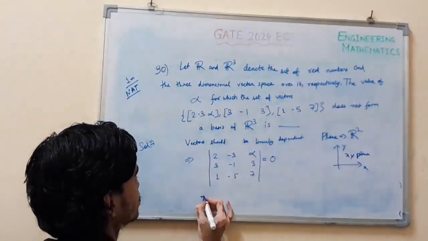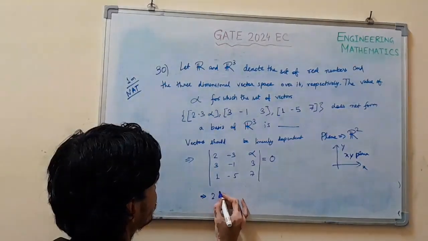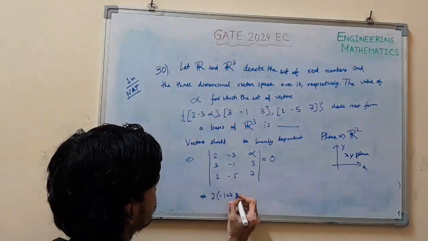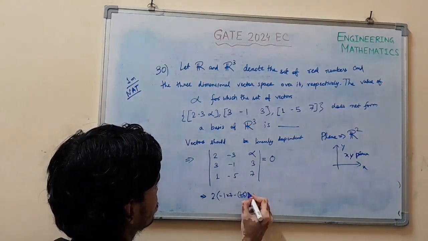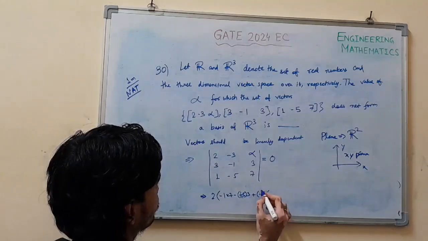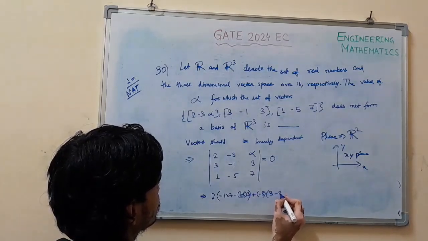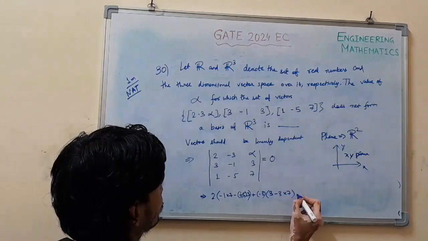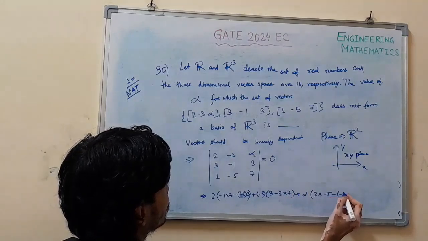You have to solve for this determinant. Very basic. Let's solve. Minus 1 into 7, minus 5 into 3, plus minus 3 into 3 minus 3 into 7, plus alpha into 3 into minus 2, minus 1 minus alpha.